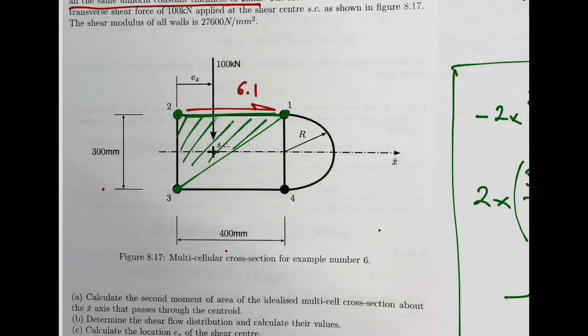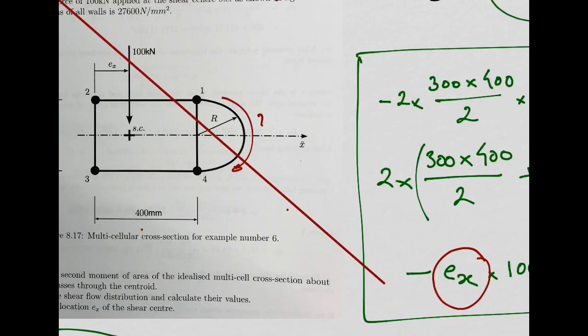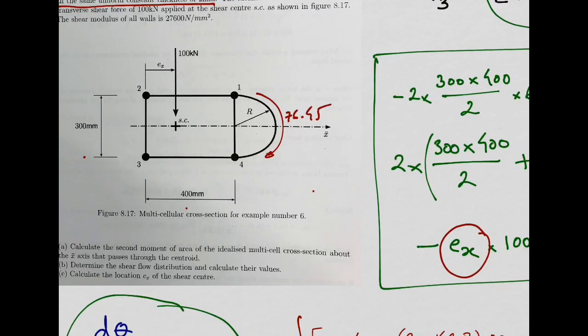For that curved one, for this shear flow you had here, which I think was 76.45, it is the same thing. If you look carefully, it is boom number 3, because you are calculating the moment about boom number 3. And the booms sharing this wall are boom number 1 and boom number 4.